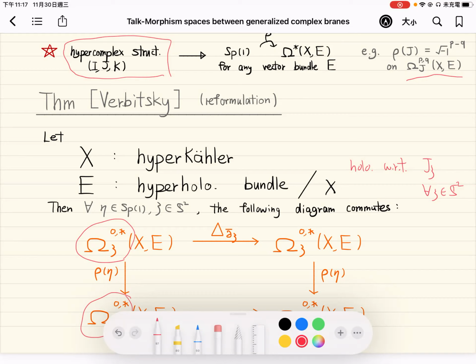Apparently this is very similar to our theorem, but one should know that there are some very crucial differences, so I make a table to compare and contrast this theorem with our theorem on the next page.